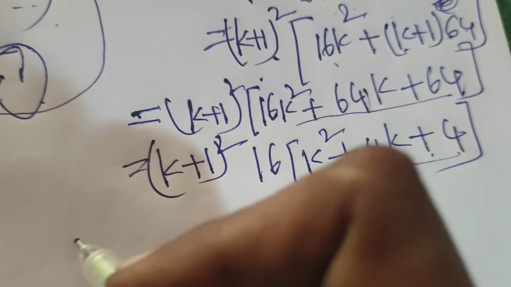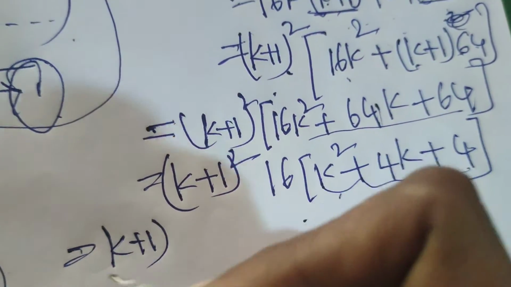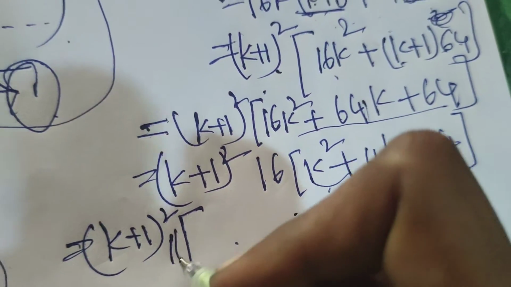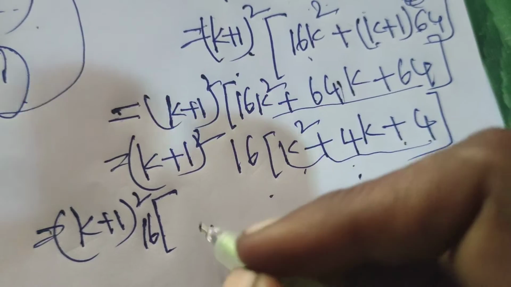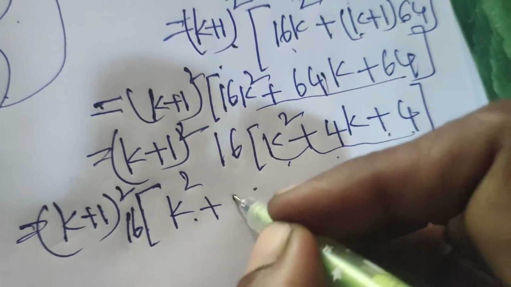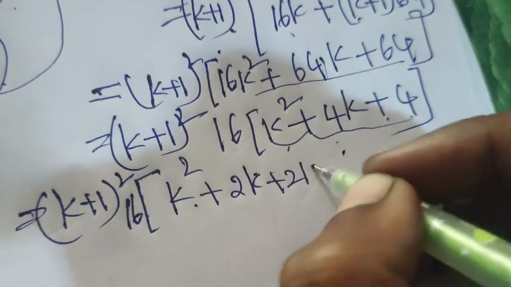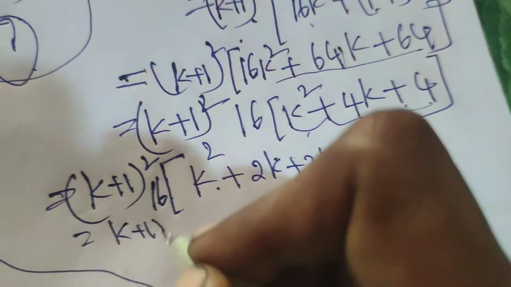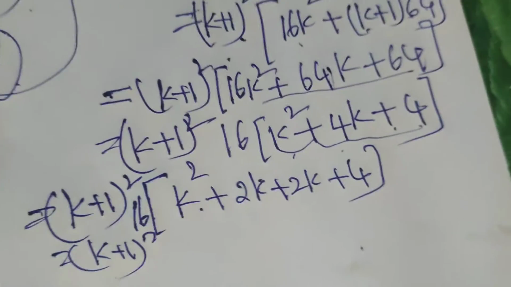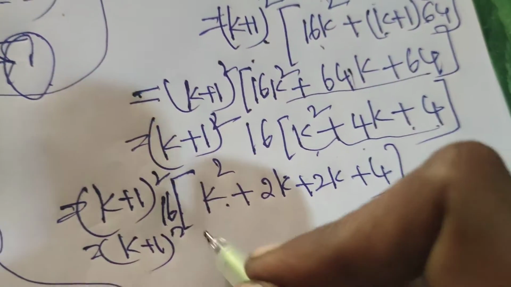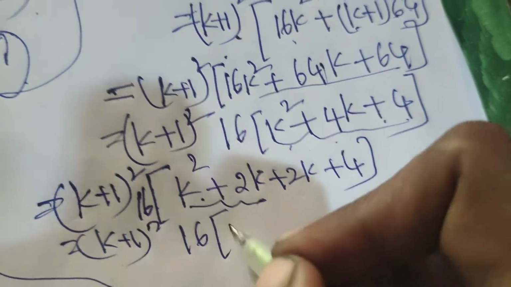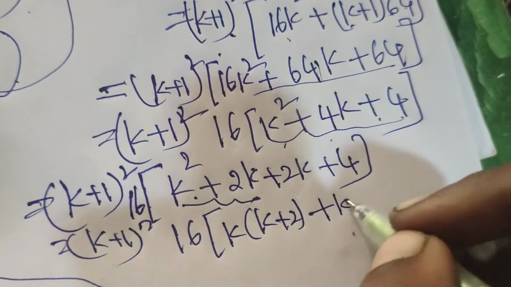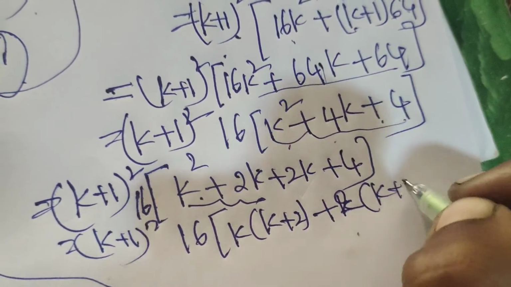Sorry, factorizing the 16 here: k square plus 2k plus 2k plus 4 gives k plus 1 whole square into 16 into these two terms, k into k plus 2 plus 2 into k plus 2.